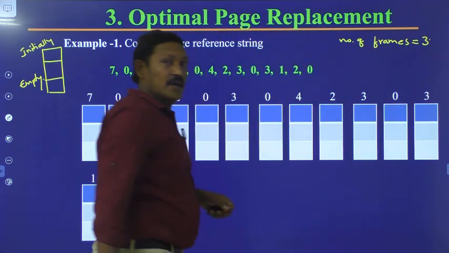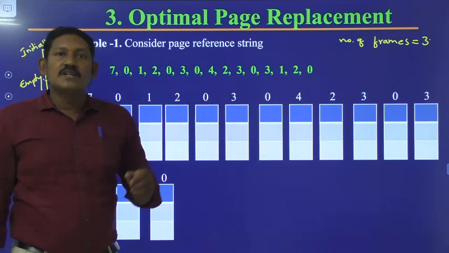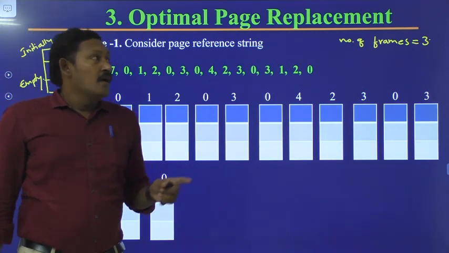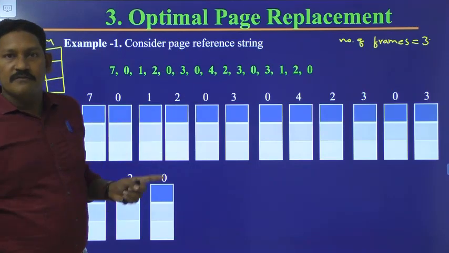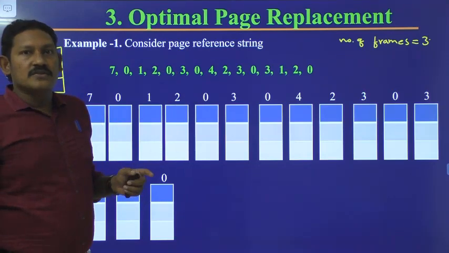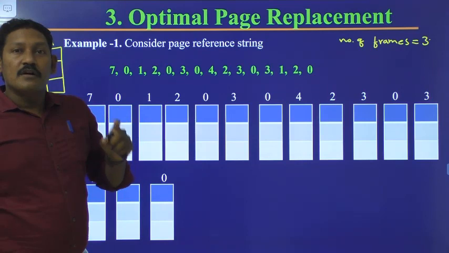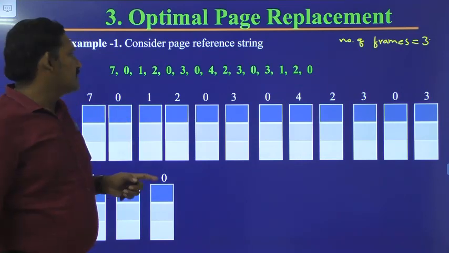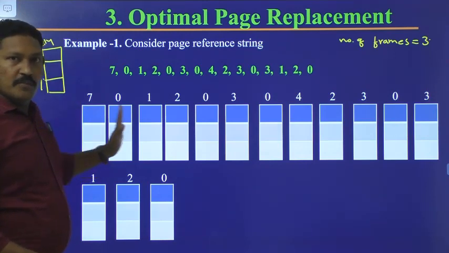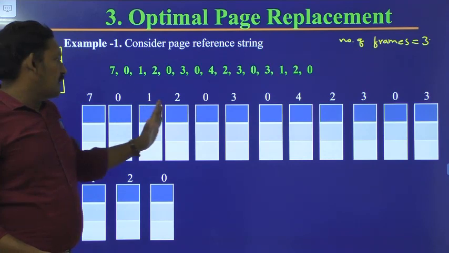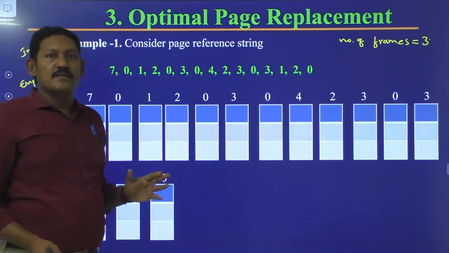Sometimes in the question they will clearly give you a set of reference strings and ask you to assume that the number of frames is 4. Here we have taken 3, but then you have to take 4. You should keep on using 4 frames.